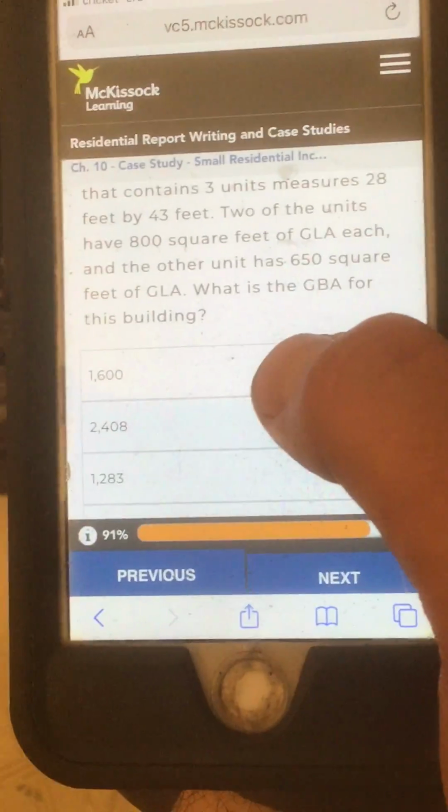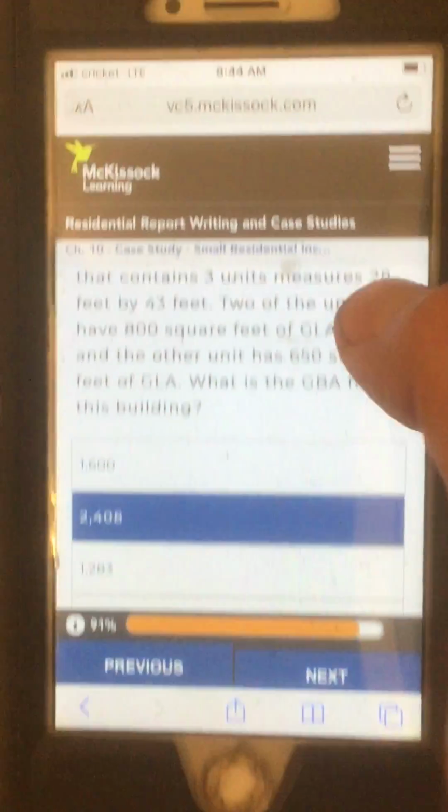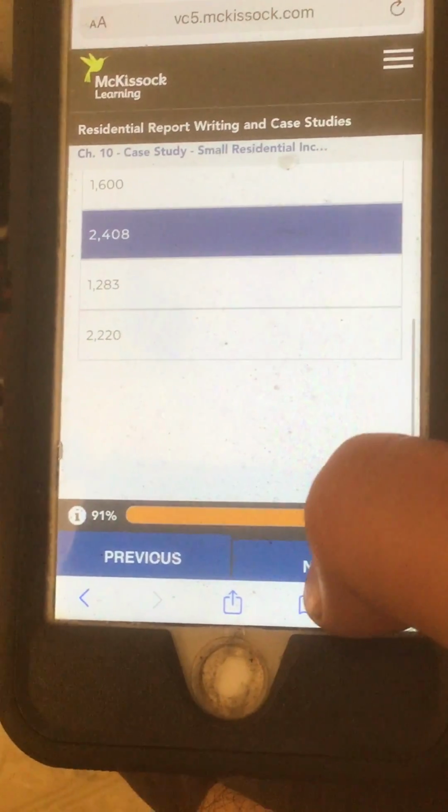I'm going to go B, 2,408 square feet of GBA.